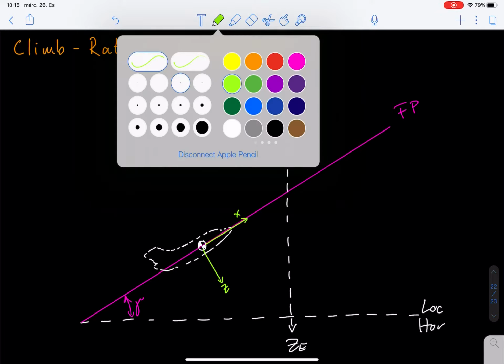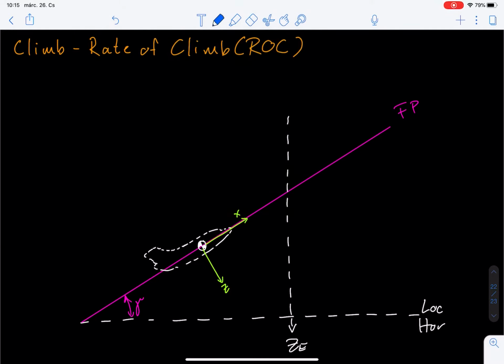So just a reminder, here would be the true airspeed, and it would be pointed in this direction, so in the negative longitudinal direction. And here we'll have to make a differentiation in perspective.